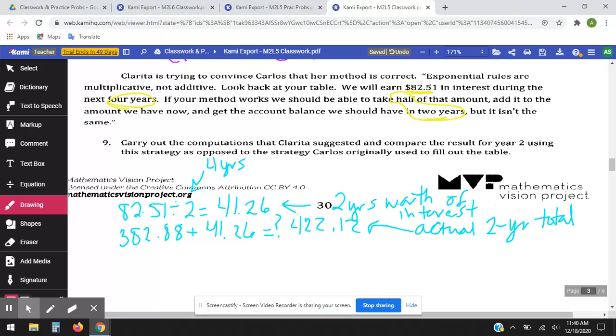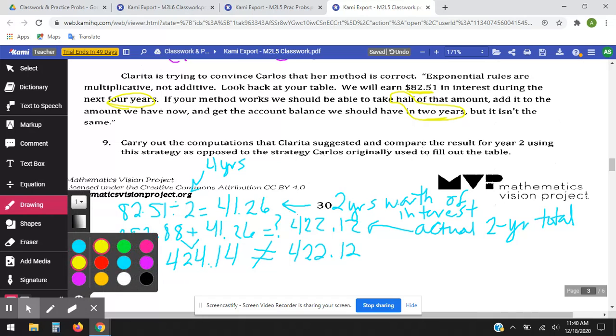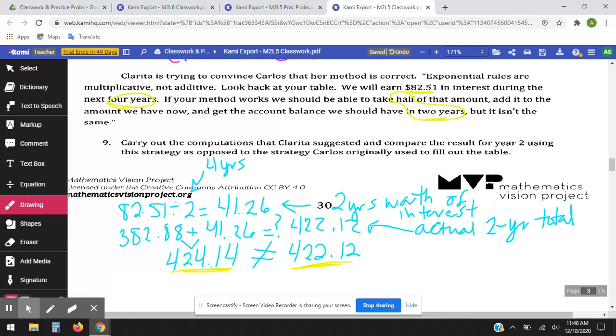We'll see if they equal. When I add this up, I get 424.14. So this does not equal our actual amount from before. So notice how his method does not match up to what we've already determined should be their amount in 2 years.